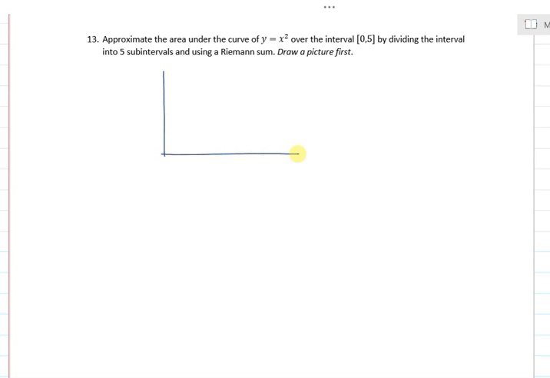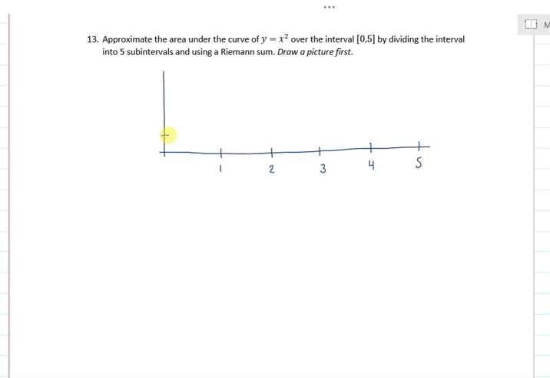So let me draw the interval. I want to make this picture not too tall, so 1, 2, 3, 4, 5. I'm doing x squared, so 5 squared is 25.